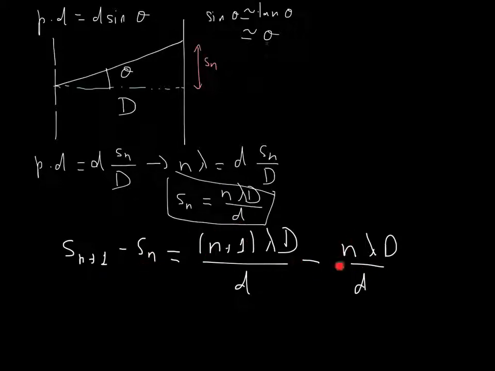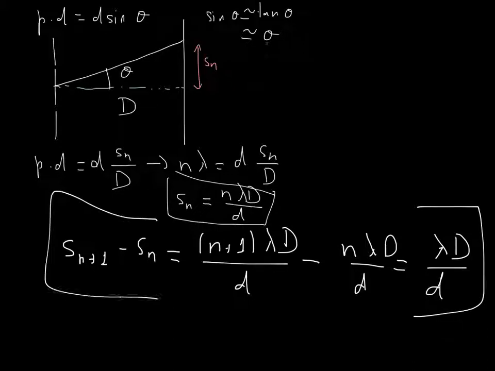And I just subtract these two, and then I'll have the distance between this one and the next. Good. And as you can see, the n and the n are going to cross out. So I'm just going to be left with lambda D over d. And this is the distance between two consecutive maxima.